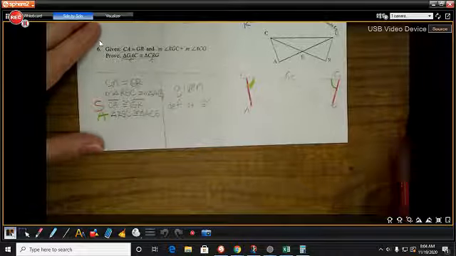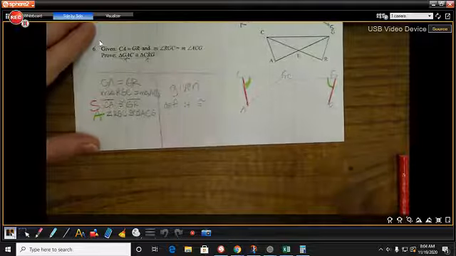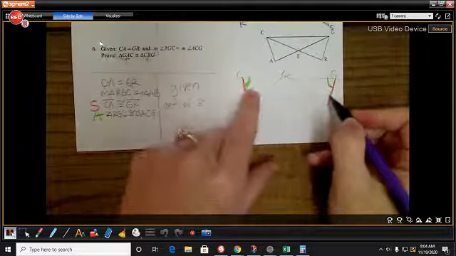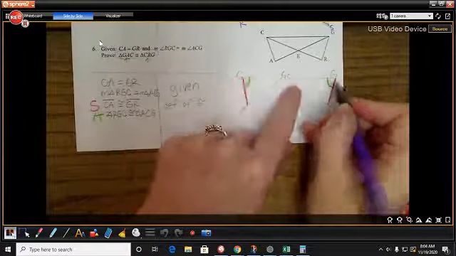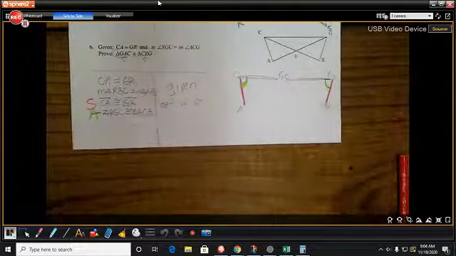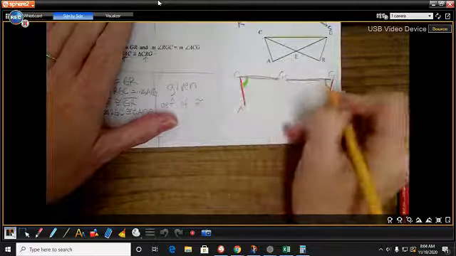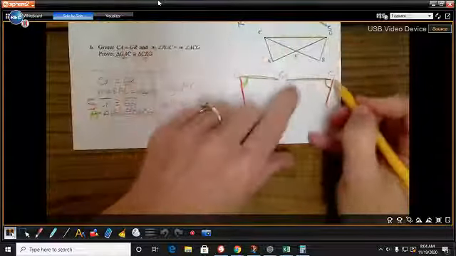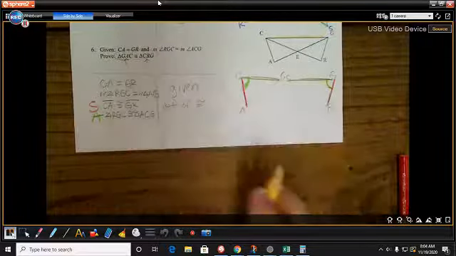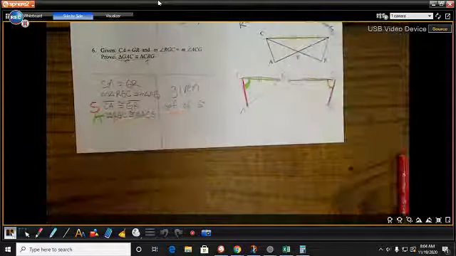Now I need a third thing. I either need an angle or a side to be congruent. Well, again, remind yourself that each of these contains segment CG right here. That's this piece within my original image is part of each of these triangles, which means that it is congruent to itself.